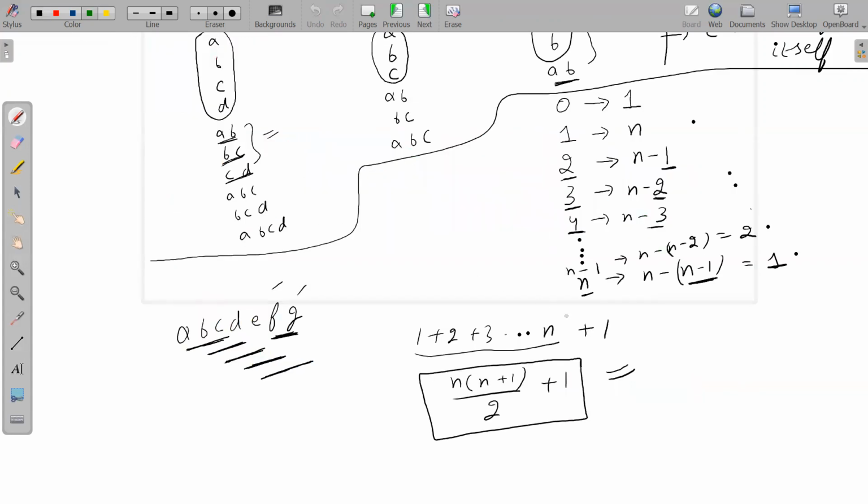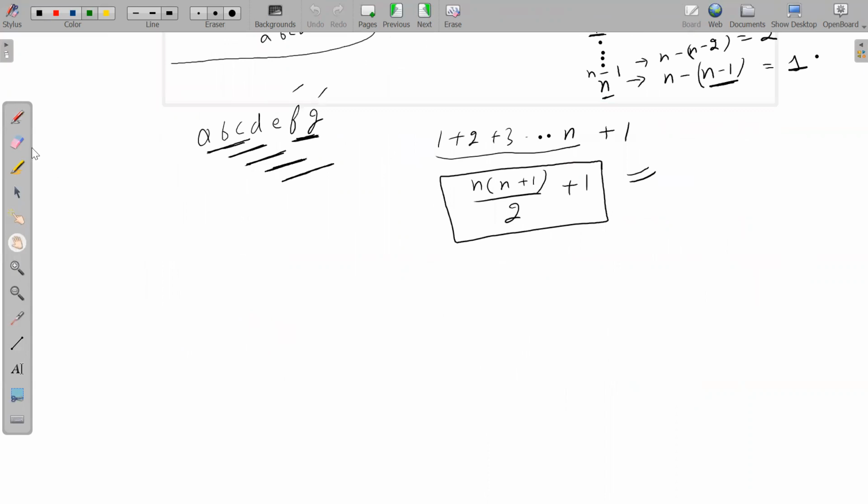Okay, so let me give you some more idea. If the question says the string itself is not included, then how many substrings will be there? n into n plus 1 by 2.